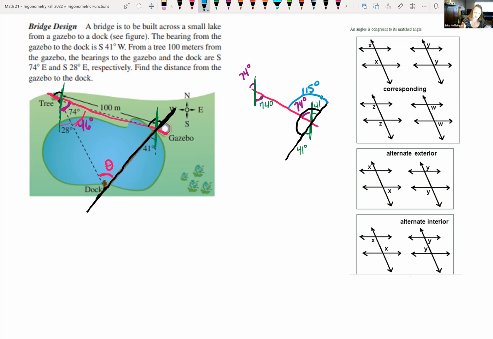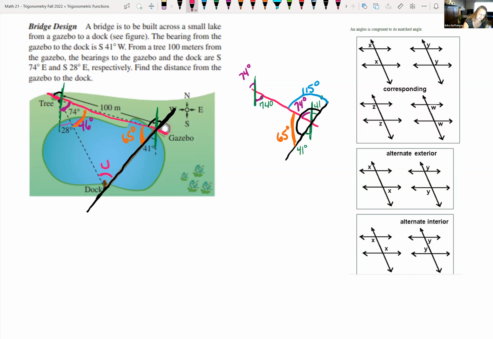If I subtract 115 from 180 degrees, this is going to give me 65 degrees, which tells me that this angle inside here, I'm going to use a different color, is 65 degrees. So this angle in here is 65 degrees. So knowing that this is 46 degrees and this is 65 degrees, I could figure out what theta is.